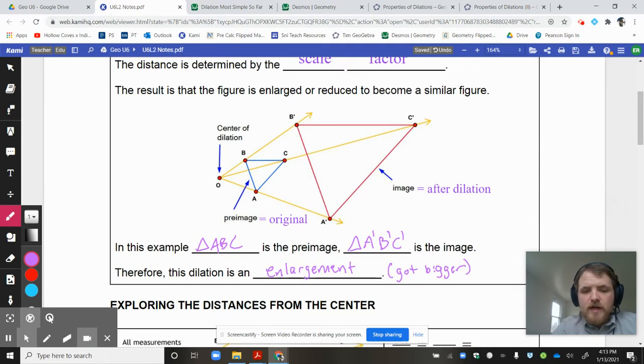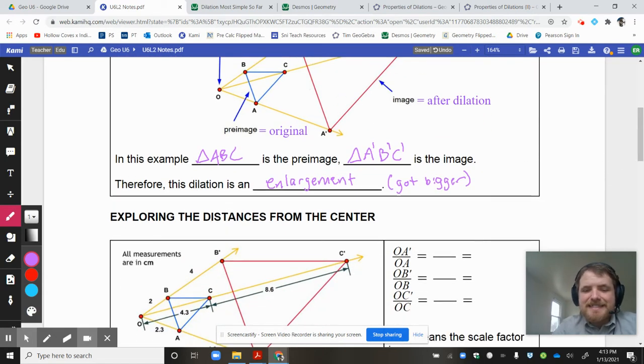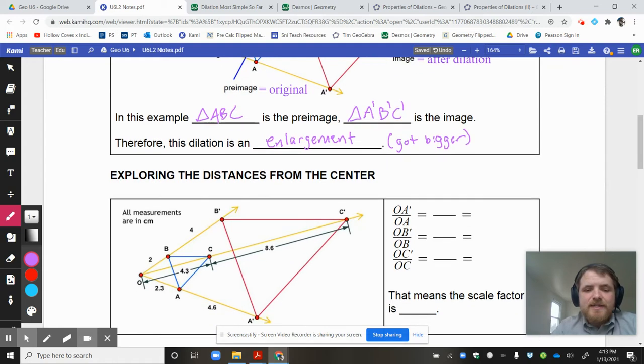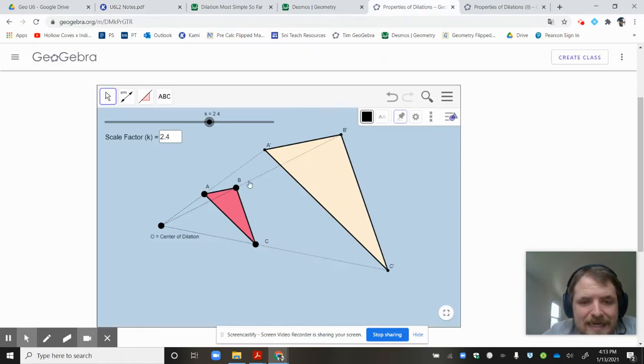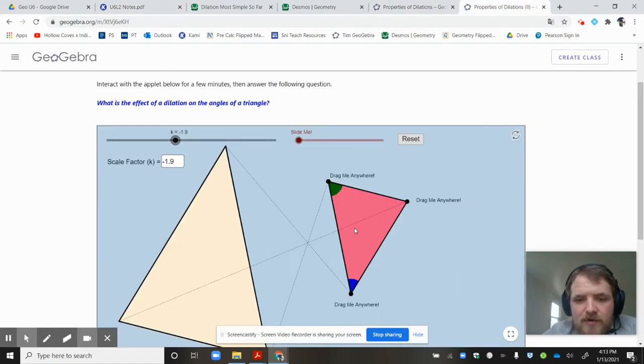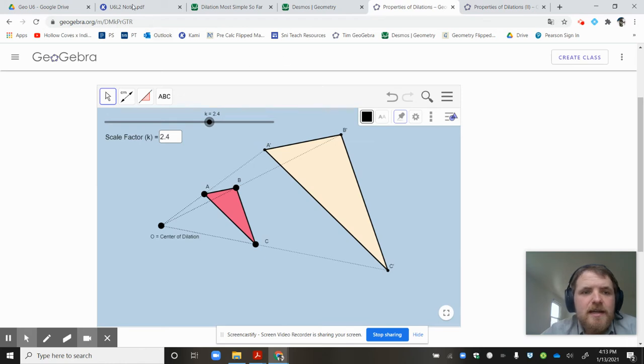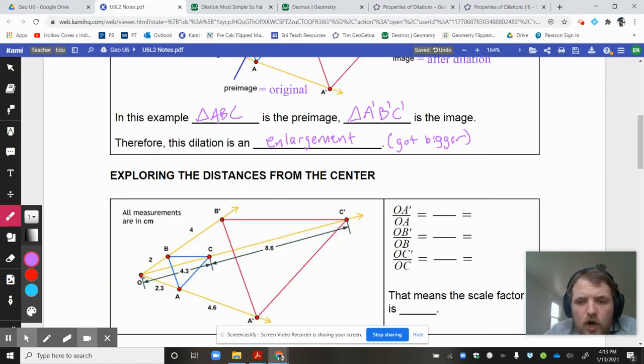Alrighty, so moving on, at these specific distances. So when I deal with the dilation, what also is interesting is the lines that came out from it. So these dotted lines are what I'm about to talk about right now, all these dotted lines here. It says O to A prime. If I look at that distance, O to A prime, that's down here.